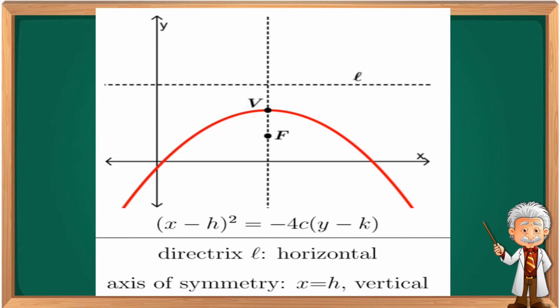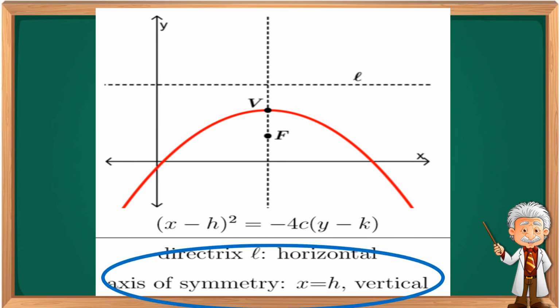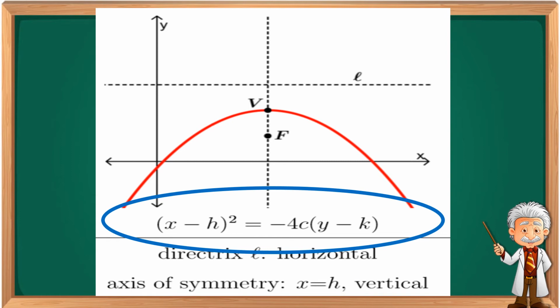Next, this parabola is facing downward. By the way, the origin is here, and the vertex of our parabola is over here at the first quadrant, and it is facing downward. So our standard equation for this parabola with vertex at (h, k) is the quantity x minus h squared is equal to negative 4c times the quantity y minus k.